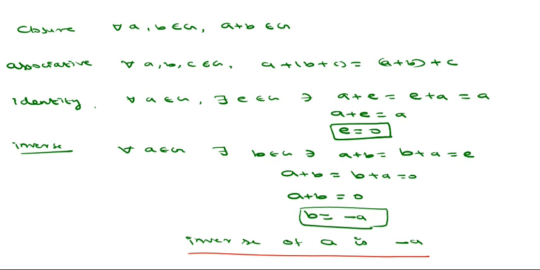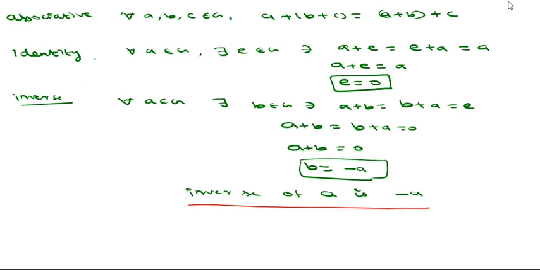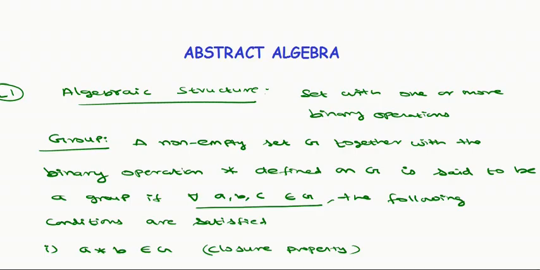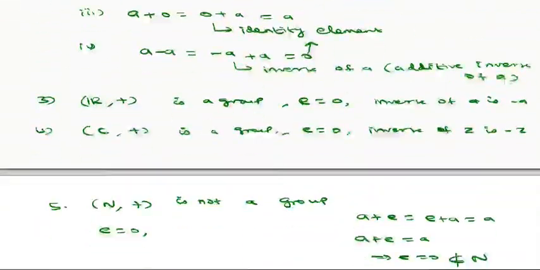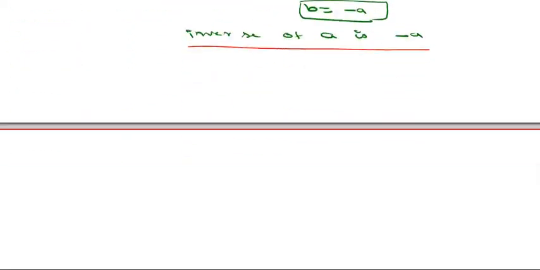Now we will see what happens if the operation is multiplication, usual multiplication. Suppose star is usual multiplication.